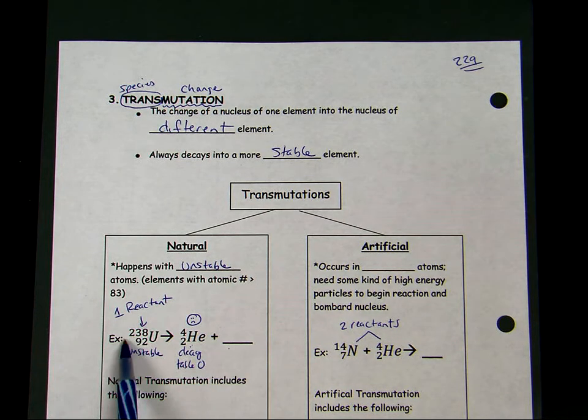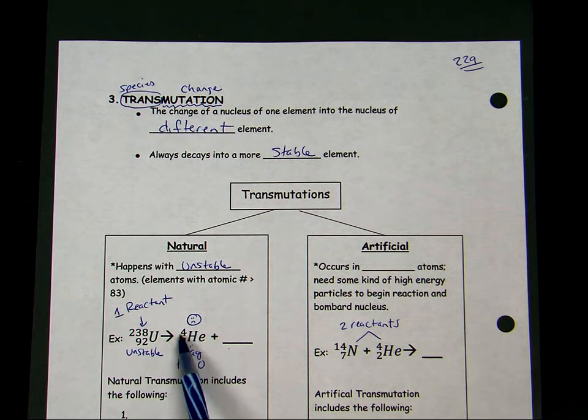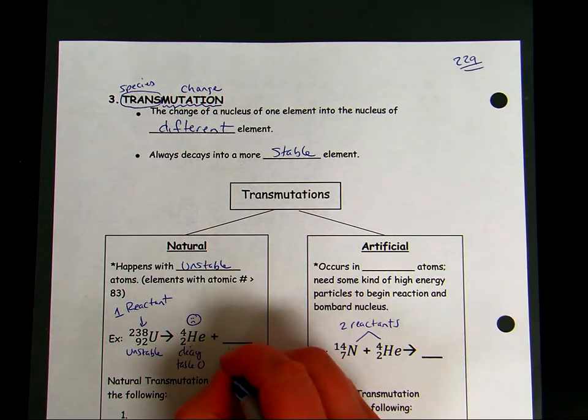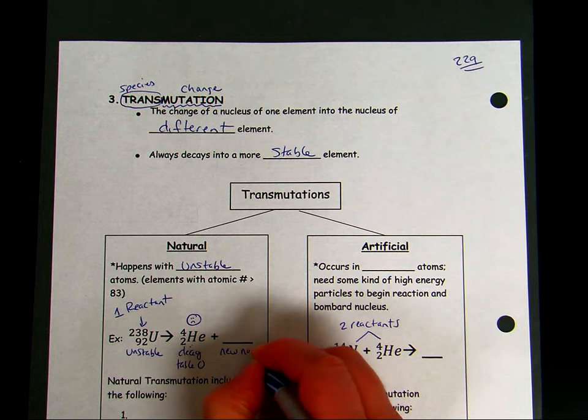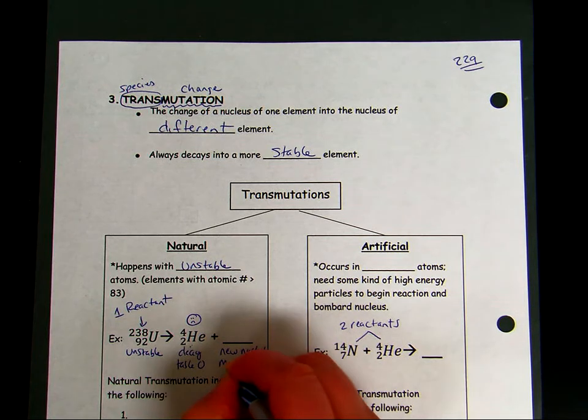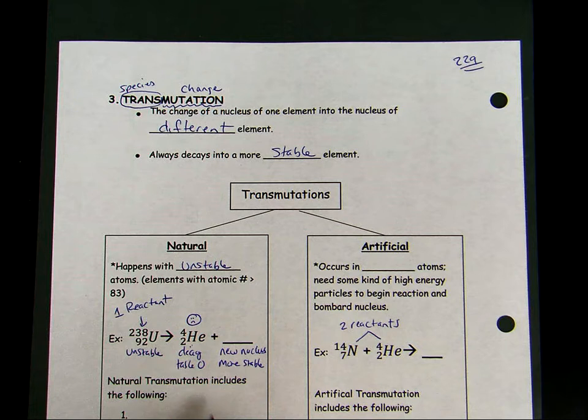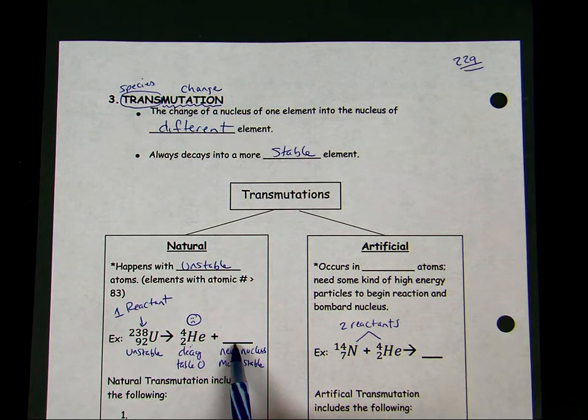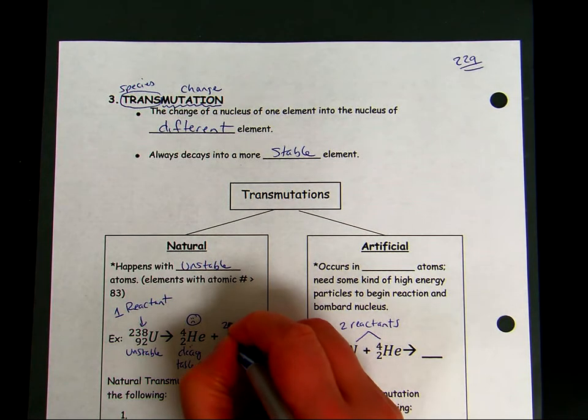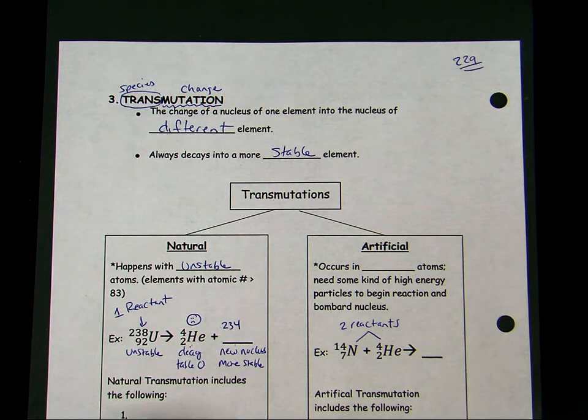So the original has a mass of 238. It spits out a particle, a bad particle with a mass of 4. So the new nucleus, which is more stable, has the remaining mass. So the remaining mass is 234. Now, the unstable nucleus has 92 protons, but when it spits out the bad particle it takes 2 of the protons with it.